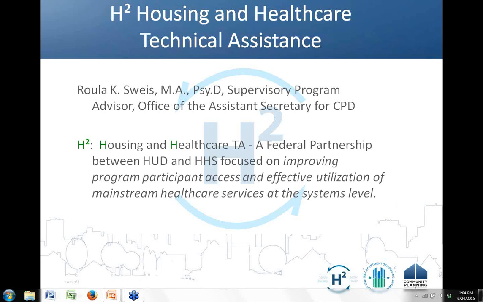The purpose of the H-Squared initiative is to primarily support HUD's homeless assistance grantees and grantees of the Housing Opportunities for Persons with AIDS programs to improve care coordination, linkages across housing and healthcare systems, and expand overall capacity to better serve people experiencing or at risk of homelessness.